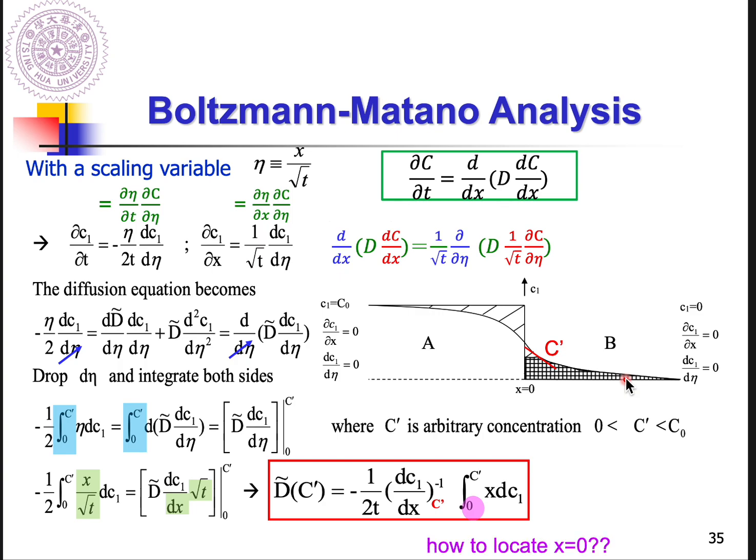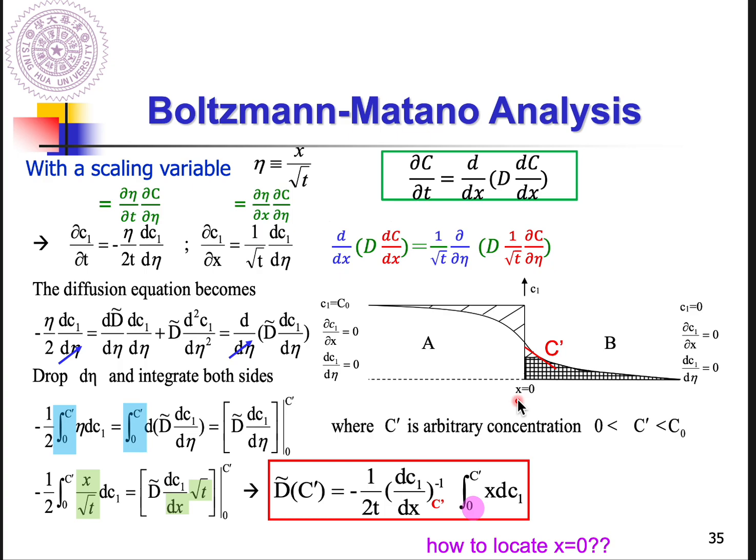As long as we locate the point of x at 0, then you can get this integral. You can get the integral value of this term, right? But where is x equals to 0?